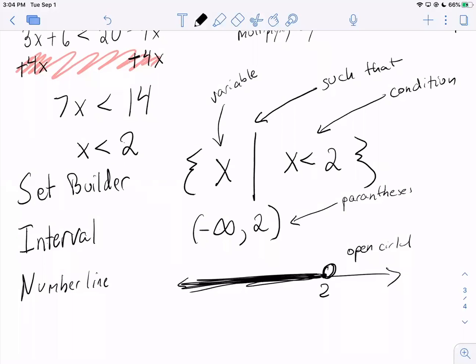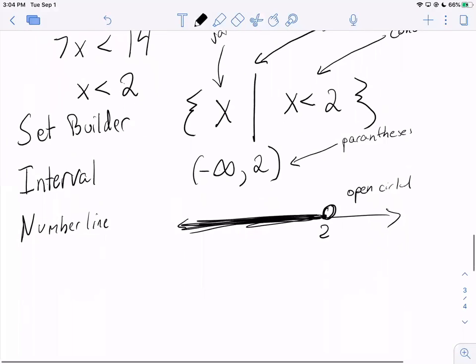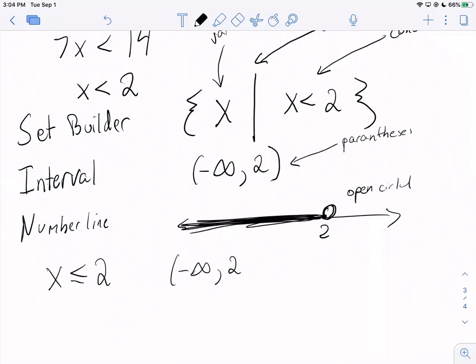So sometimes if it was x is less than or equal to 2, then we would put negative infinity, comma 2 with a bracket, and we call this a closed interval, or half closed.